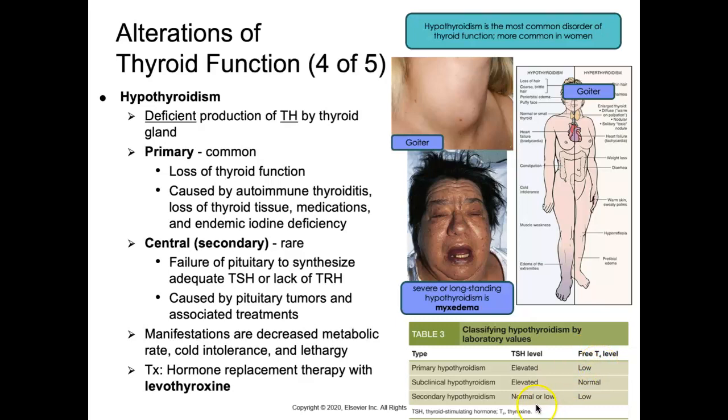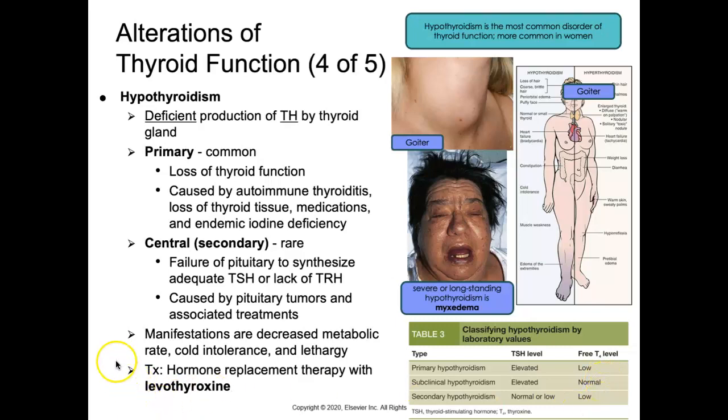With secondary, TSH is normal or low, and then our thyroid hormones are also low. Now there's this category of subclinical hypothyroidism, and this is a mild thyroid failure, and it's when we have elevated TSH levels and our thyroid hormones are at a normal level.